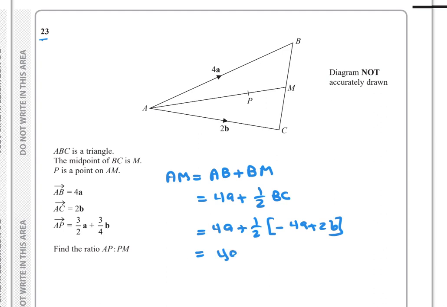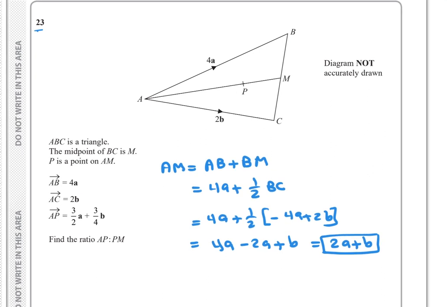So 4a, half times negative 4 is negative 2a, and half times 2b equals b, so it equals 2a plus b. This is AM. And we have AB equals 3 over 2 a plus 3 over 4 b.